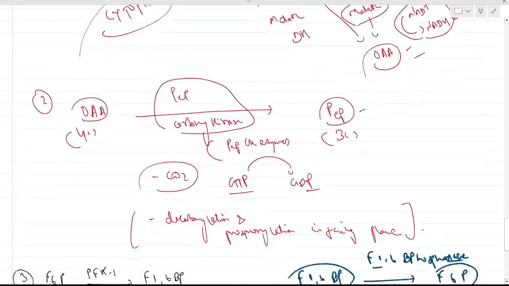Now we are going to see the full-fledged steps of gluconeogenesis. It's a very simple one. First, 2 lactate combine to form pyruvate. This was the last product of glycolysis. We are going backwards to form pyruvate. From pyruvate, we are not forming 2-phosphoglycerate, we are forming oxaloacetate. What was the enzyme?